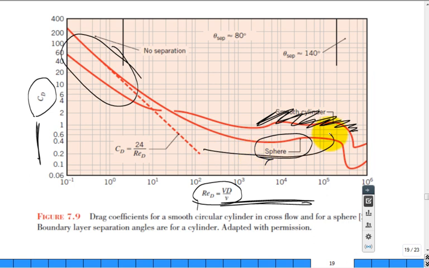This is where most spheres would fall. You have this little kink down. What do you have that for? That's our separation at high Reynolds number. It's turbulent flow, and so it's able to reduce the wake region, and it'll actually drop your drag coefficient a lot. Do you see the drop in the drag? A lot. So that explains what we just talked about.